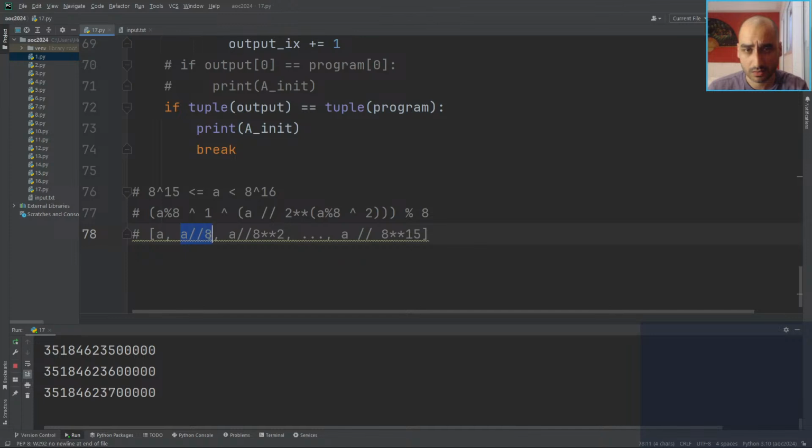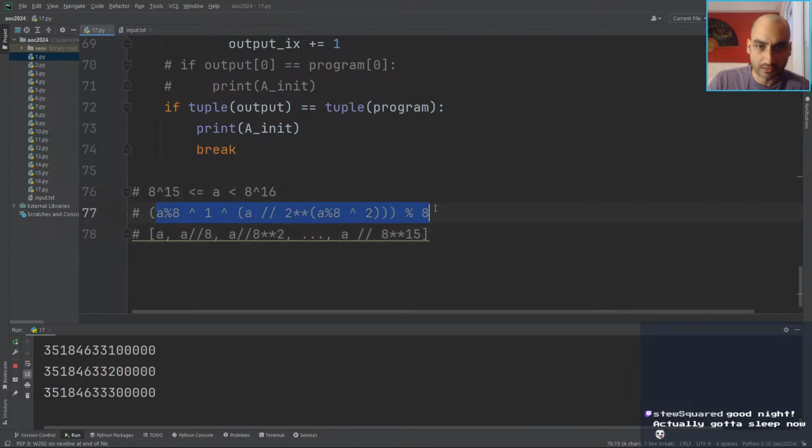So the only thing that's bothering me is that it would be nice if each of these, so each of these is a bit shifted 3, if each group of 3 digits in A is somewhat independent here.